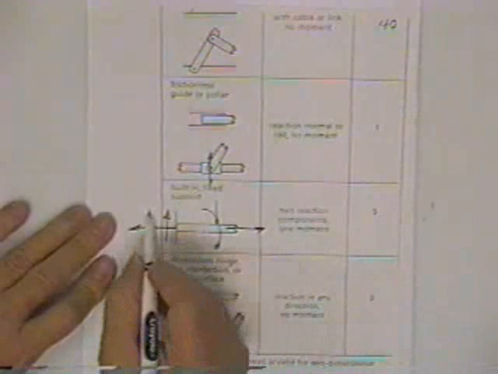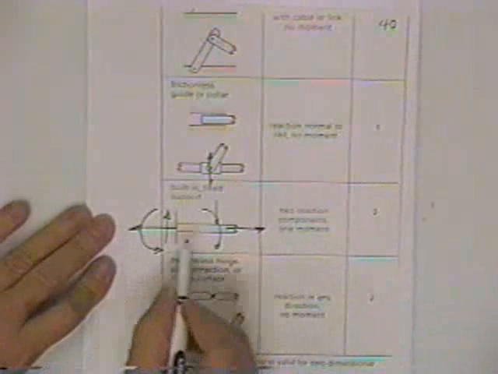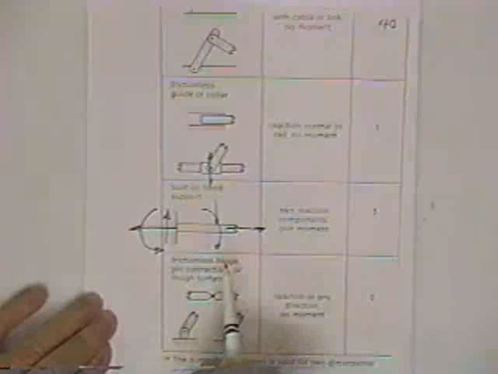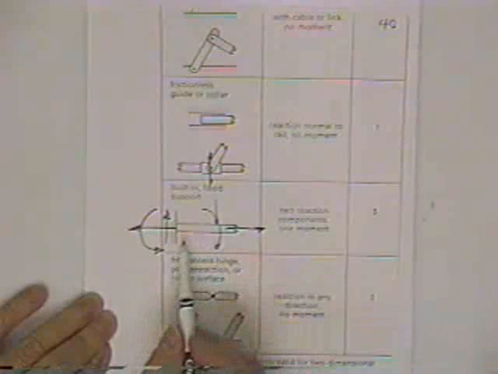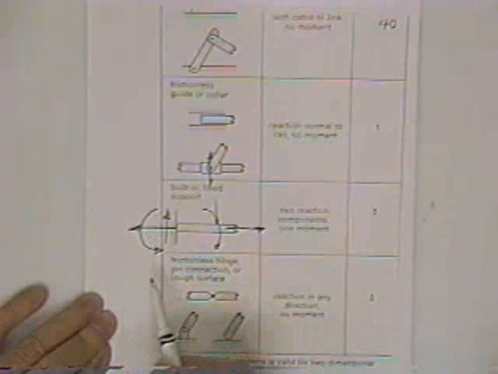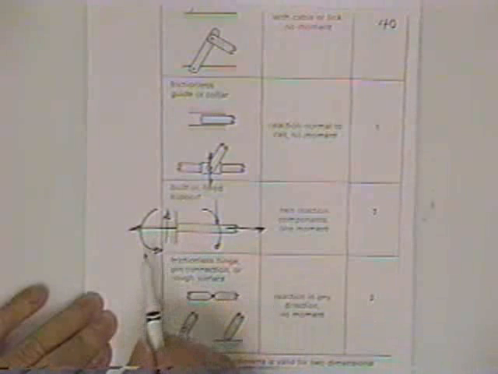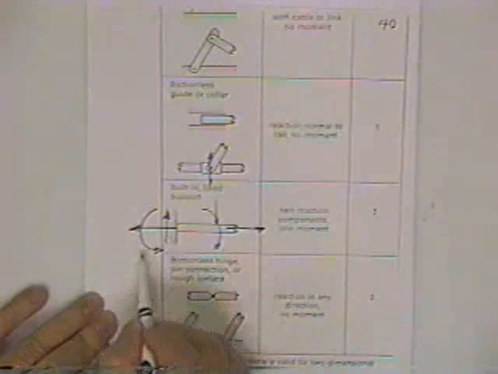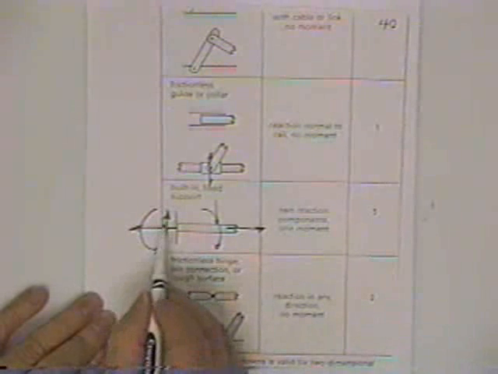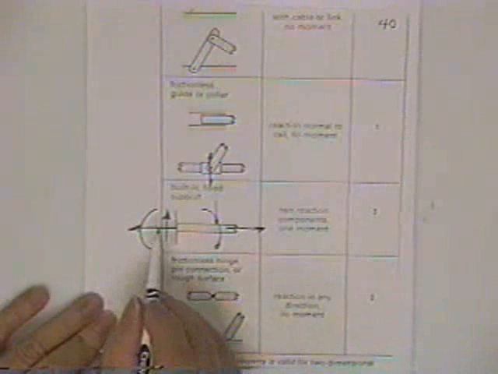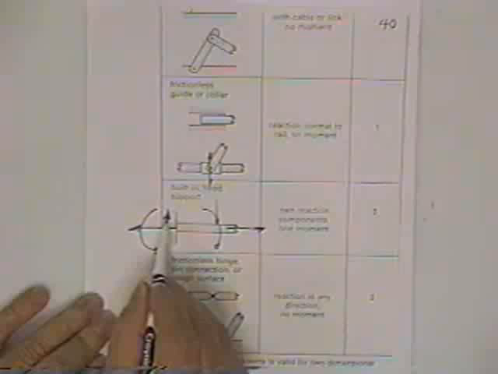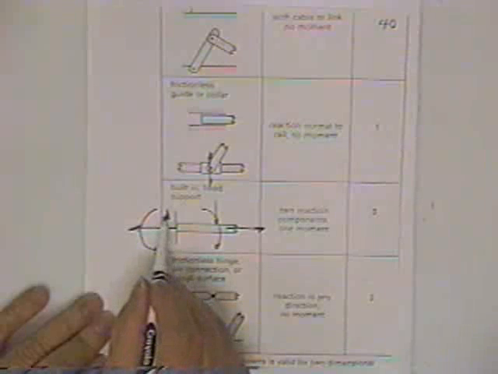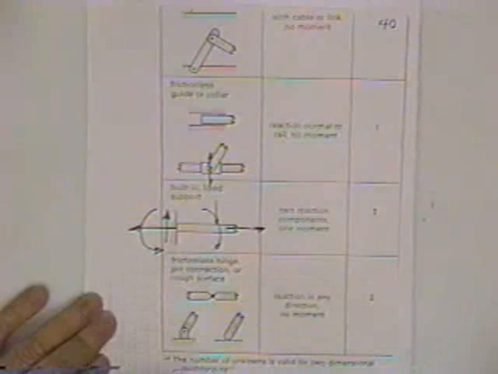If you bend them, they will resist. So a built-in fixed support has the possibility of 3 support reactions, all of which would be unknown. All of these arrowheads would not be guaranteed to act in that direction. You'll have to guess an arrowhead, and then when you solve for it, if this arrowhead comes out minus, it means the arrowhead properly belonged on the other end.